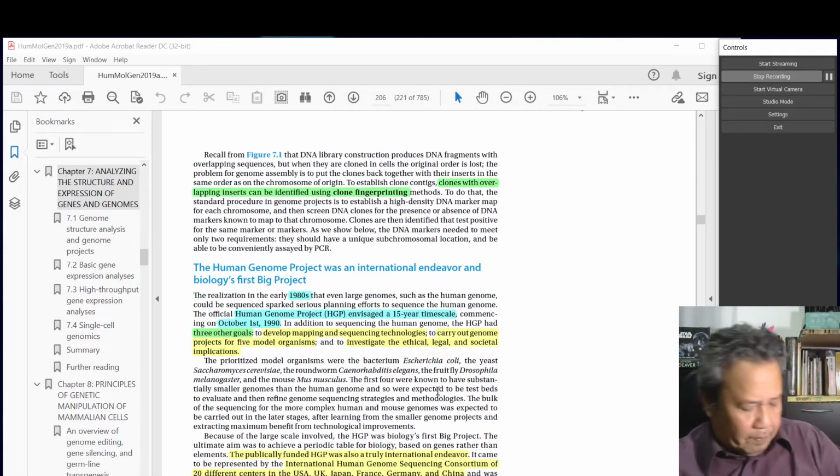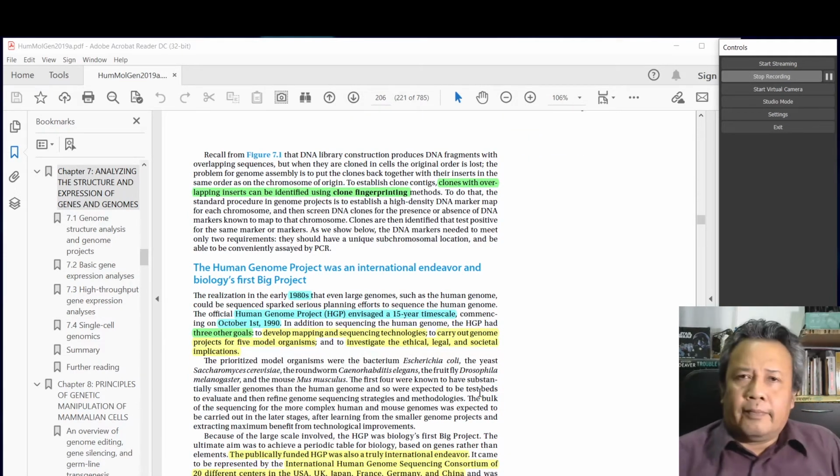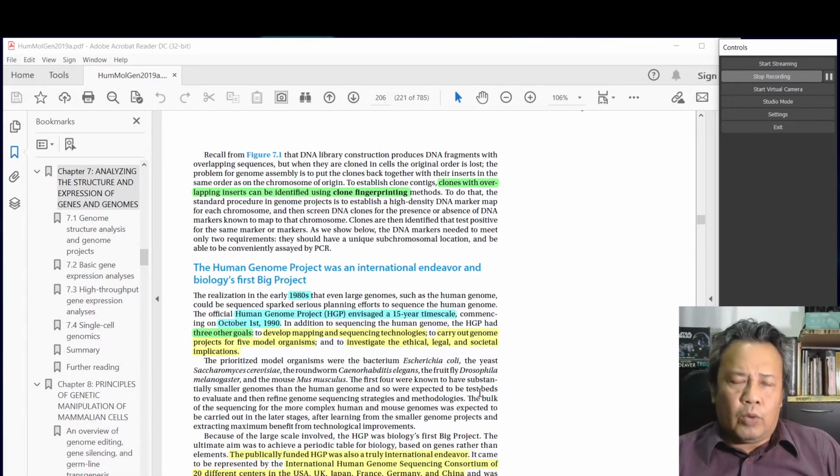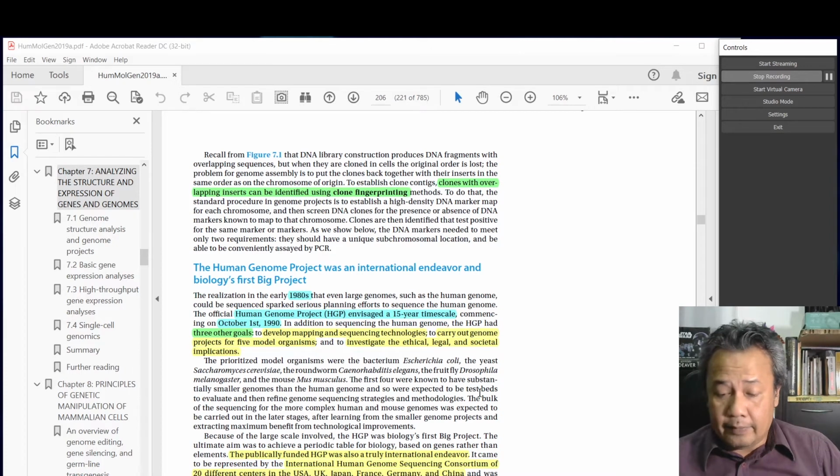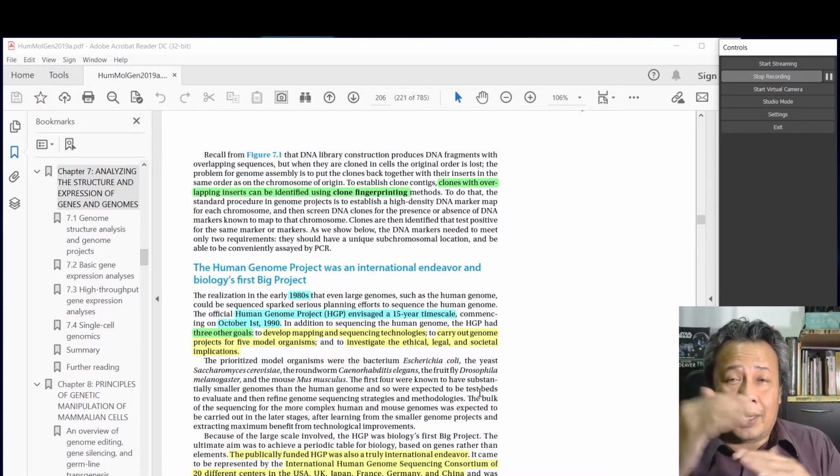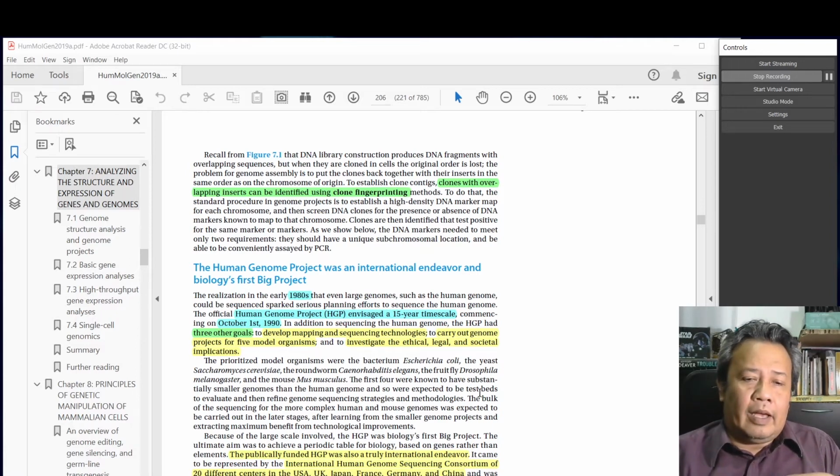What is clone fingerprinting? Well, if you know what human DNA fingerprinting is, not the normal thumbprint, you have your DNA and you cut your DNA with enzymes, and if you run it on a gel, and you have two different individuals' DNA cut with the same enzymes, there are polymorphisms.